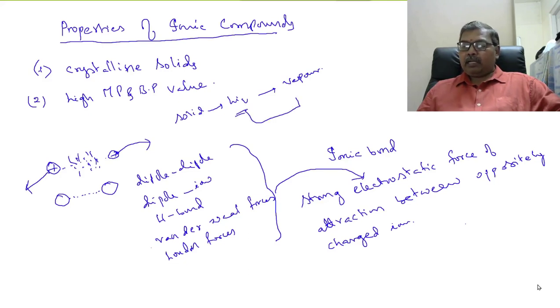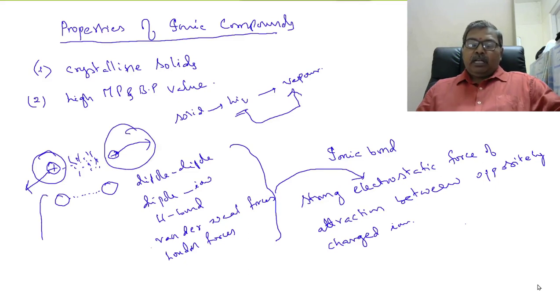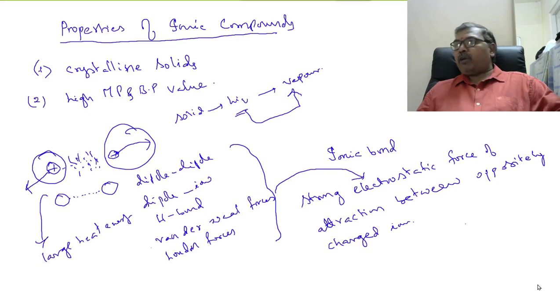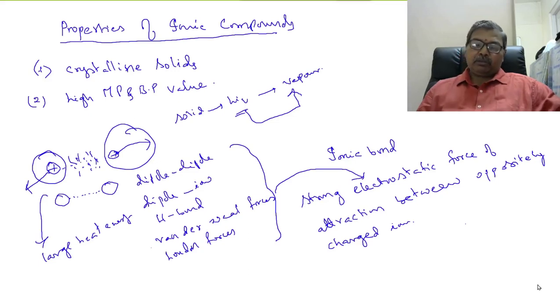After that, matter converts into vapor state. So to separate positively charged ion and negatively charged ion, it requires large amount of heat energy because the force of attraction between them is very high. So that is why ionic compounds have high melting point and boiling point values.